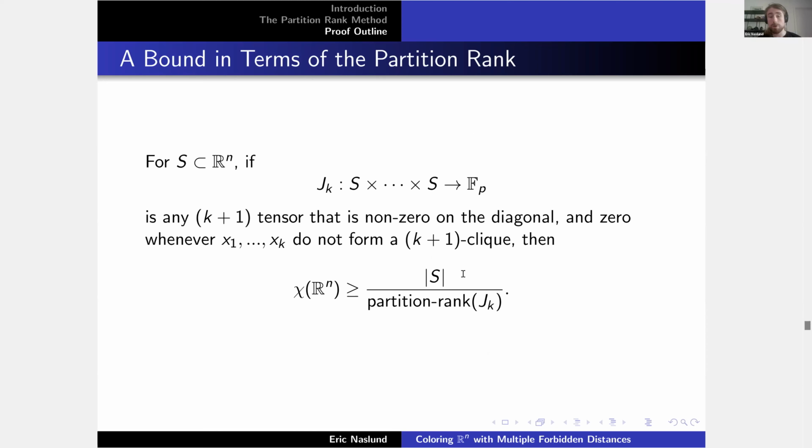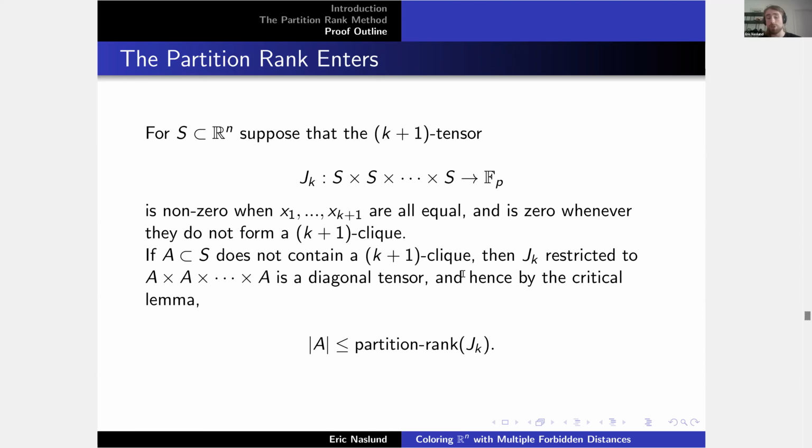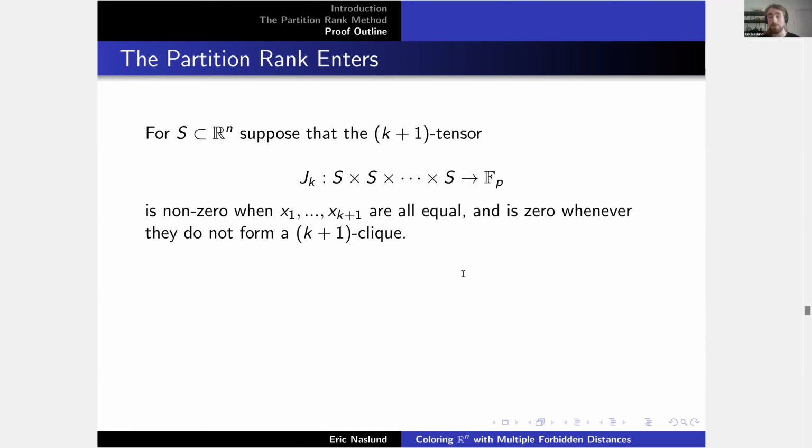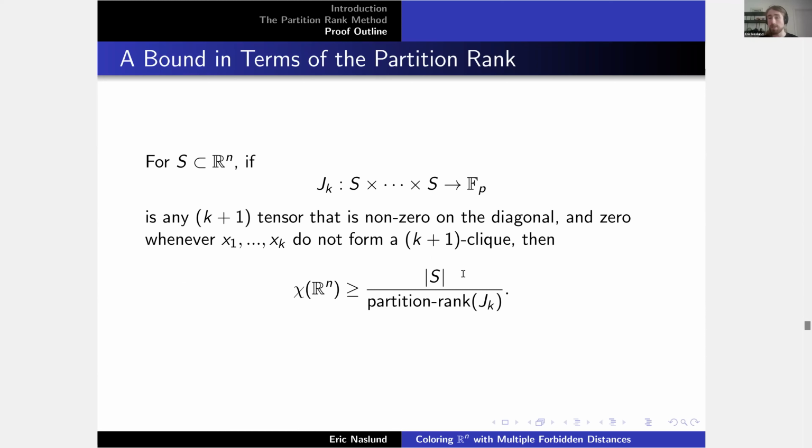Okay, so just rewriting what we have so far, if we have this set S and a function JK from the set S to some field, and the tensor satisfies what I want, then we have this bound. We can put the things together because we know that the partition rank of JK bounds A, that's this equation here, and we know that the bound on A will divide by S. So putting everything together, we end up with this slightly simplified equation.